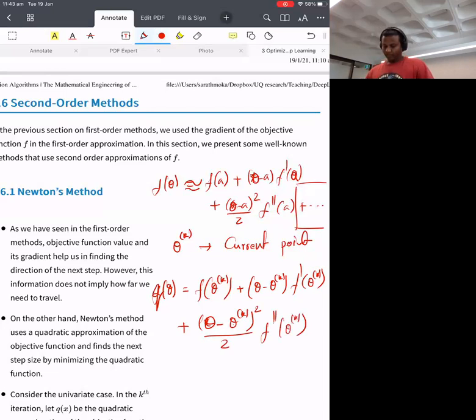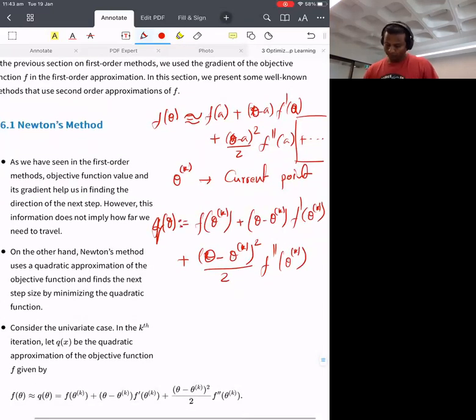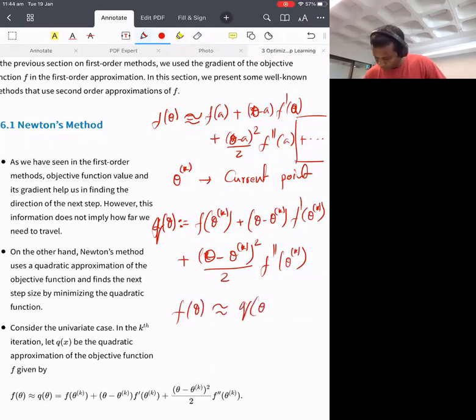If we define q of theta to be like this, then we know that in the vicinity of theta k, f of theta is approximately close to q of theta near theta k. That's the idea.